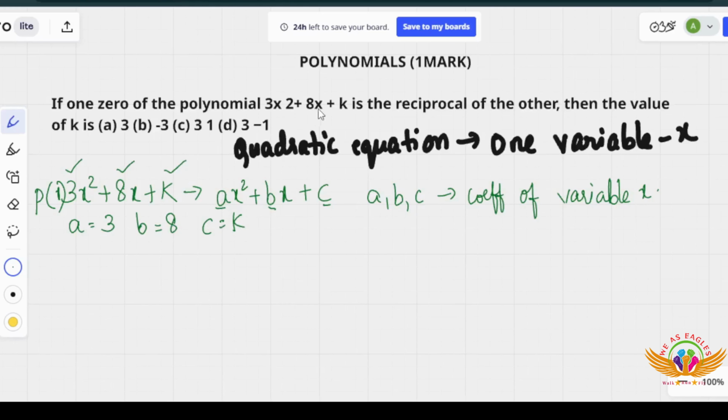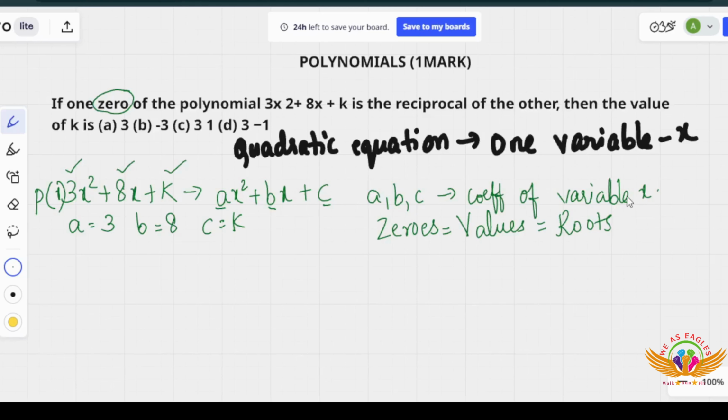So what do we need to find out, and what have they given exactly? I want to explain what the term zero means. Zeros are nothing but the values of x. We also can say these are the roots coming from the quadratic equation.